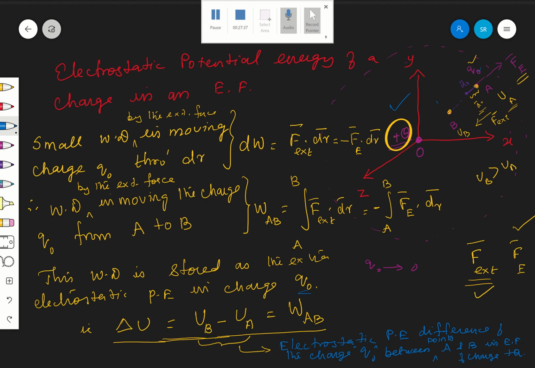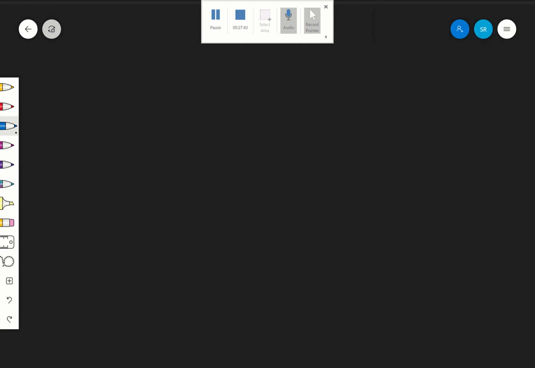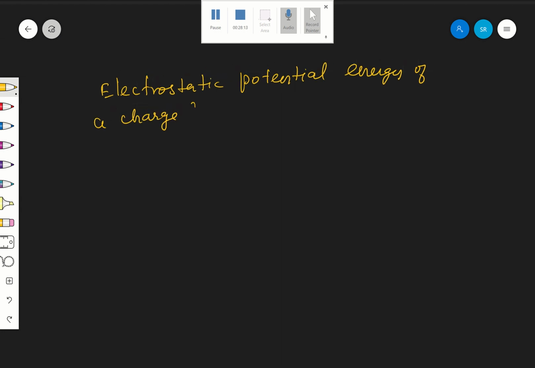Right. Now next one. You have studied the electrostatic potential energy difference, but now what I want is the electrostatic potential energy of a charge at any point in an electric field.